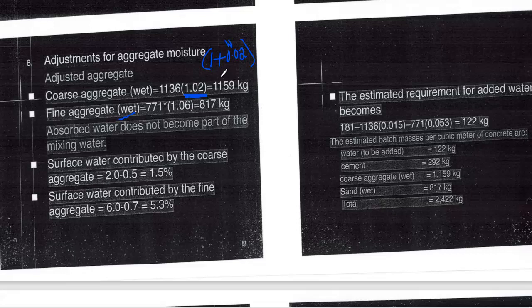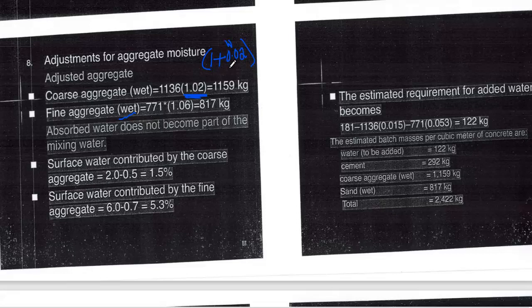So you consider similarly, and you can see almost 46 kg of aggregate needs to be added for 6% water content. If you do not add this, you are going to add 46 kg less fine aggregate, and you are going to use 46 kg more water.